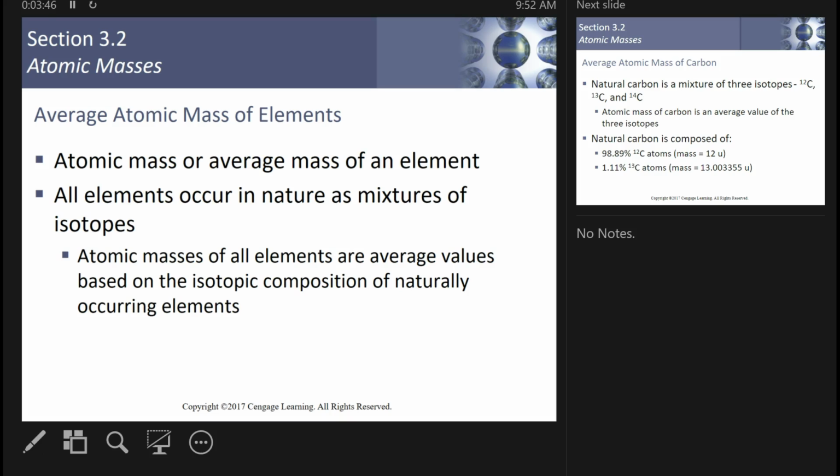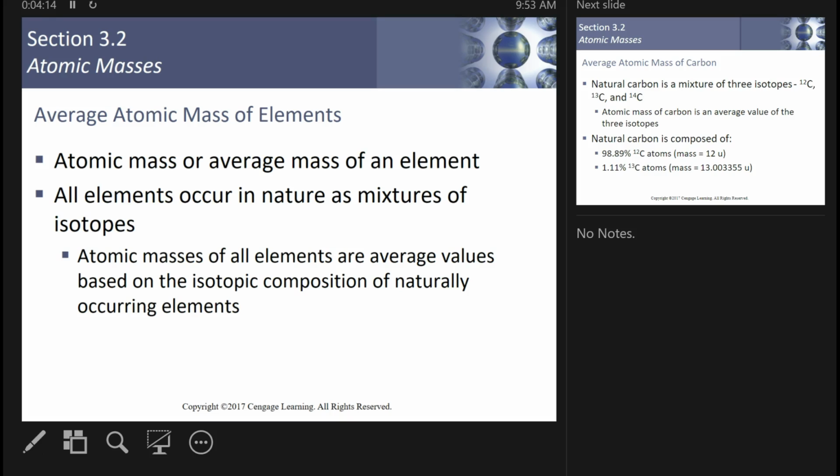Because think about it. Relative abundance of an element on Earth. Basically, you have to determine what percentage of this element on Earth is in this isotope. So in other words, every time we find carbon, 99.9% of the time we find carbon-12. 0.05% of the time we find carbon-14.